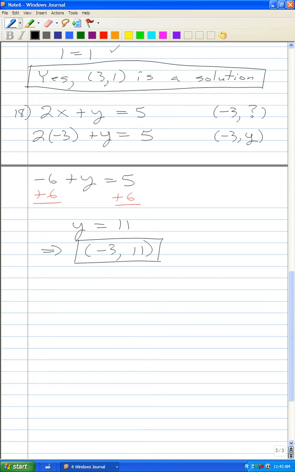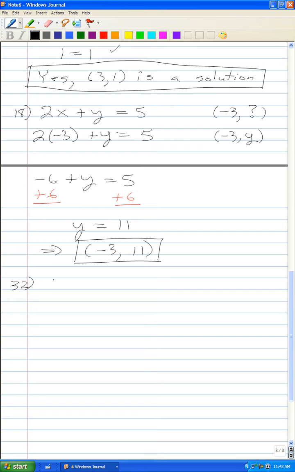Let me do problem number 32. And so in exercises 30 through 49, complete the table of values so that each ordered pair in the table represents a solution for the given equation. So problem number 32.